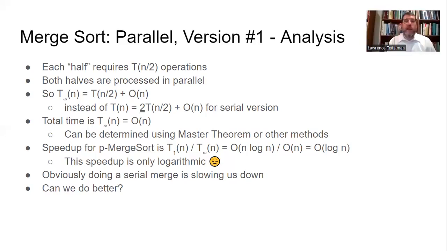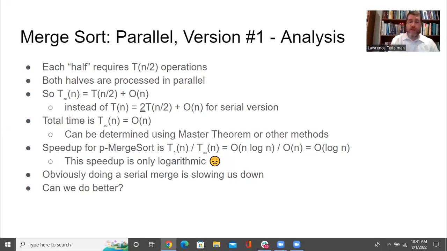All right, so again, A was 1. In our new recurrence, A is 1, B is 2, C is 1, right? Log base B of A is equal to log base 2 of 1, which is equal to 0.